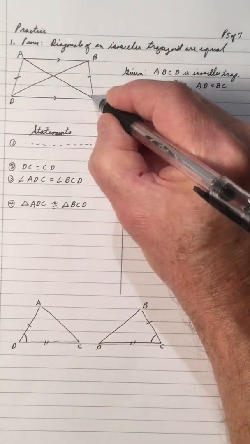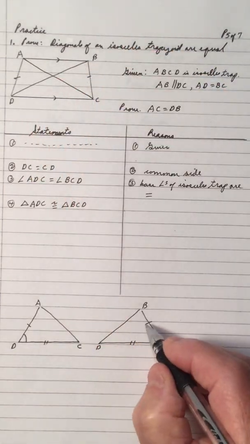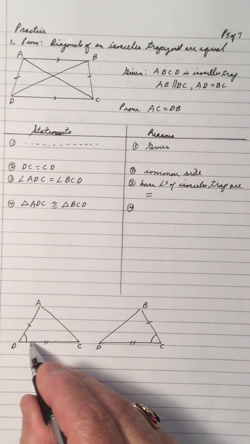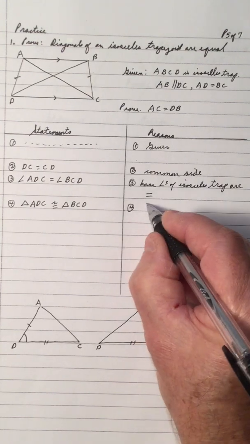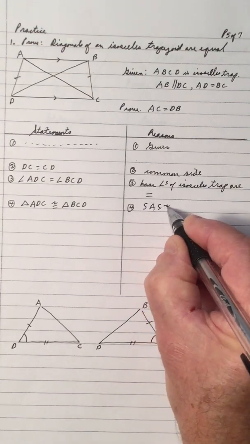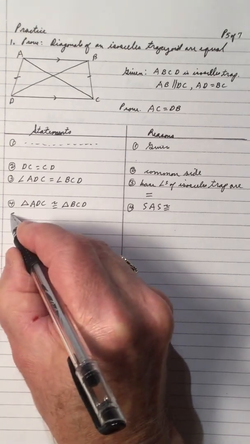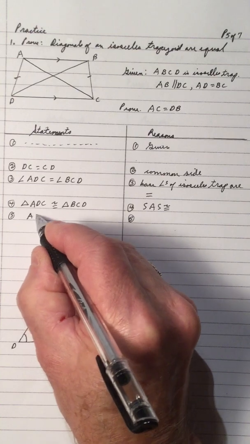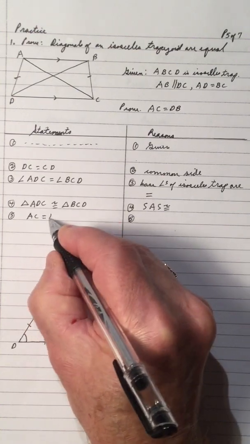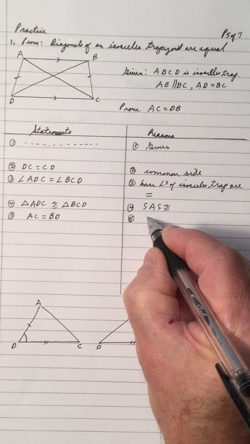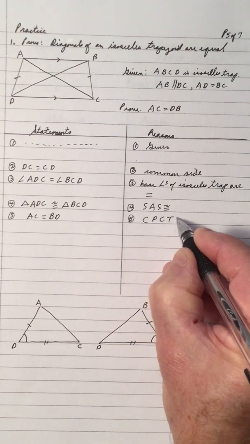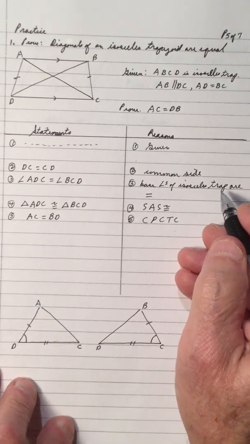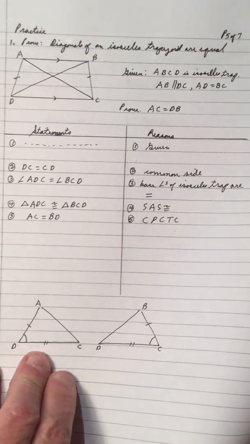Or we can say B, go this way on this one, but I look down here, and as you can see, side, angle, side, side, angle, side congruency. And number 5 is that AC is equal to BD, CPCTC, corresponding parts of congruent triangles congruent. So that's another proof done.